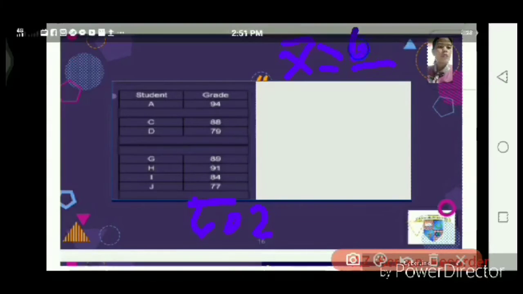So therefore, here is 602 over n. So our n here, how many students are there? So 1, 2, 3, 4, 5, 6, 7. So 7.